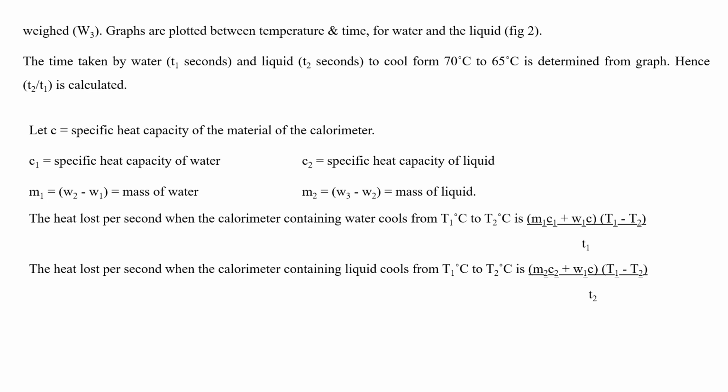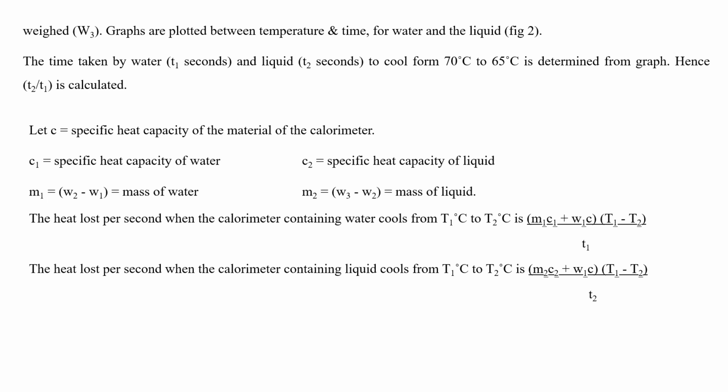The total heat lost is MC theta, where M is the mass of that substance, C is the specific capacity of the substance, and theta is the difference of temperature from higher temperature to lower temperature within an instant of time, small t.